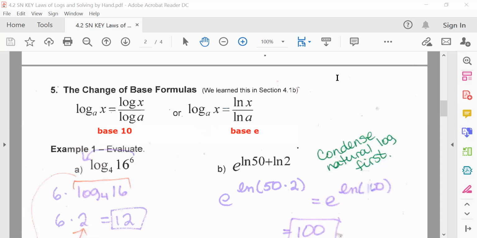Okay, how my brain remembers which one goes where is that the base goes to the bottom. The base is the bottom of these fractions. Okay, we good?